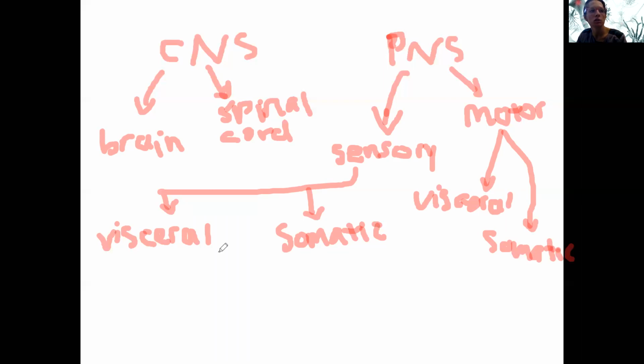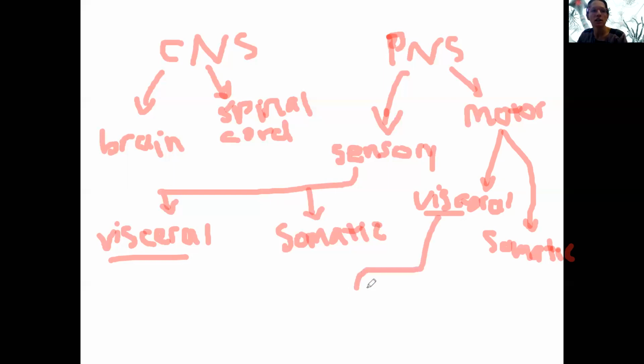So this is visceral sensory over here. This is visceral motor. What that means is an autonomic response versus a motor response that is more deliberate. This is going to be skeletal muscles, something that is conscious and deliberate.